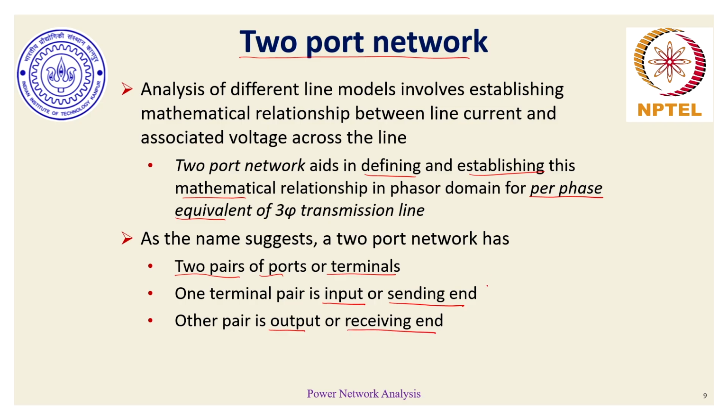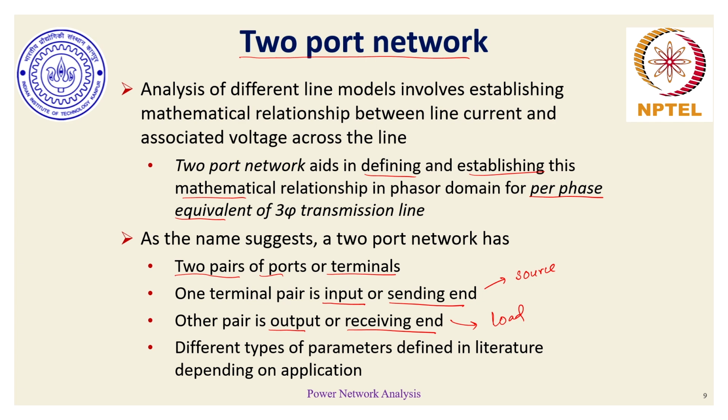Usually sending and receiving come from the perspective that the sending end has some form of source, a voltage source or generating source, and the receiving end is associated with some physical load which is drawing power from the source through this transmission line. That's the notion of sending and receiving end. It is mostly from the perspective of how effective power is flowing.